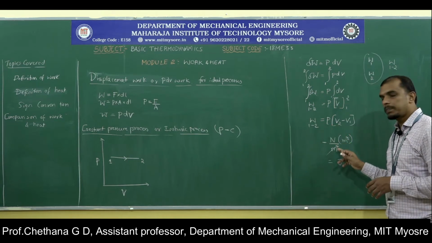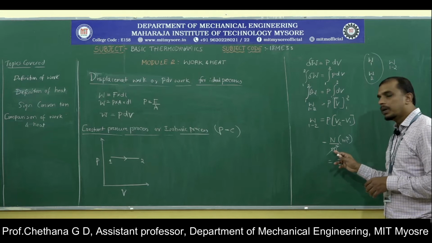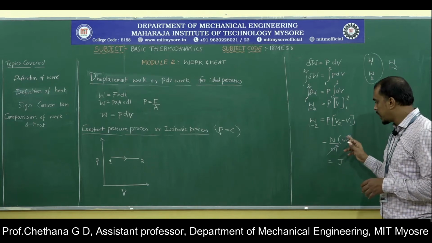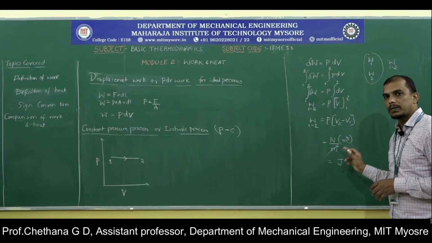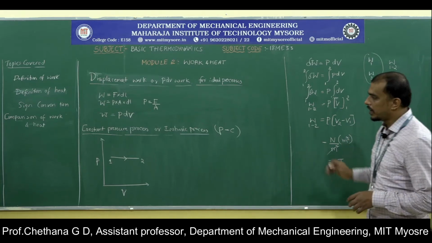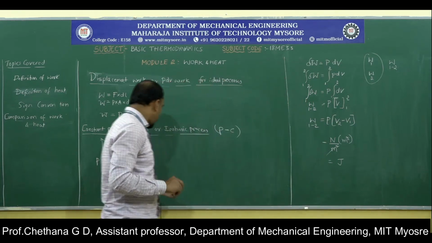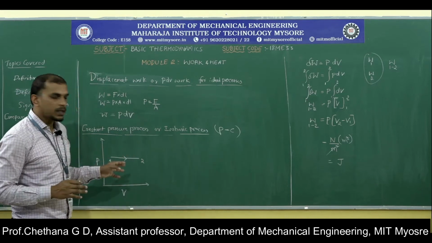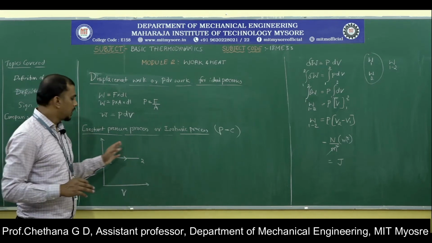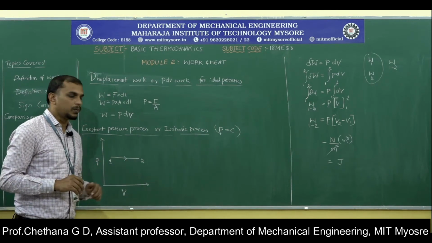Pressure is Newton per meter square, volume is substituted in meter cube, meter square and meter square get cancelled, so 1 meter is left, that is Newton meter, which is called joule. So obviously the unit we are getting is joule. But look here, that equation is giving me the work transfer between process 1 to process 2.